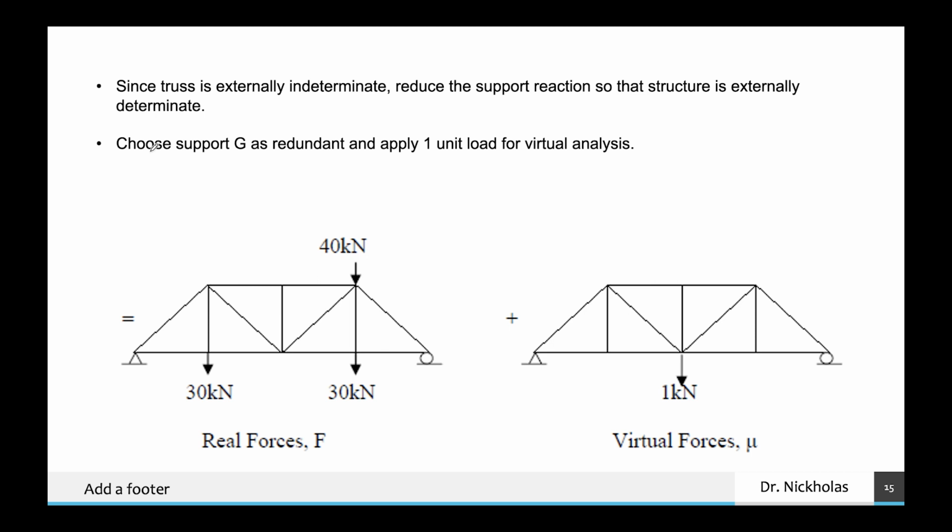And then this is to determine the F bar, the virtual force analysis for 1 unit load, due to the 1 unit load that we apply at the redundant force here.